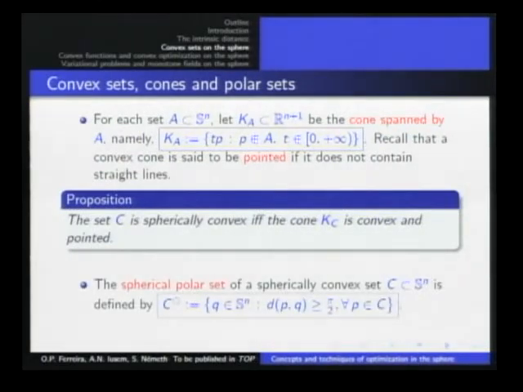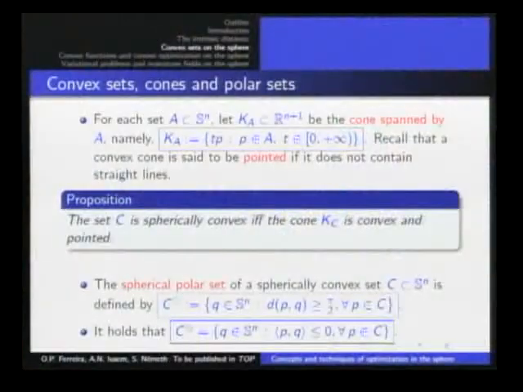Now I define the spherical polar set of a spherically convex set, which is defined as the set of points which are at distance bigger than pi over 2 from the given point. This was a question that Regina asked before, whether you have some sort of duality, and the answer basically was, as Miroslav said, in Hilbert spaces not. In manifolds, yes, and it goes like this in the sphere.